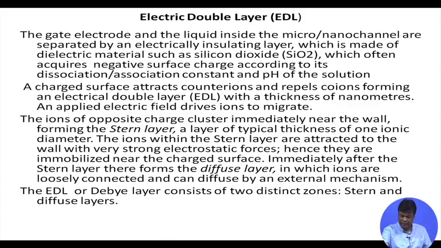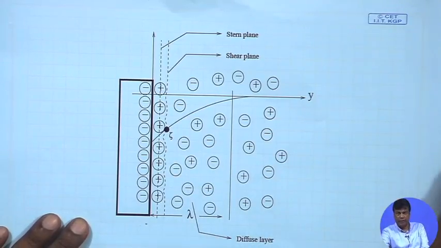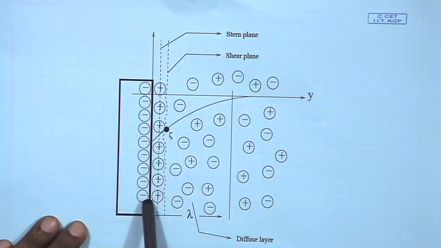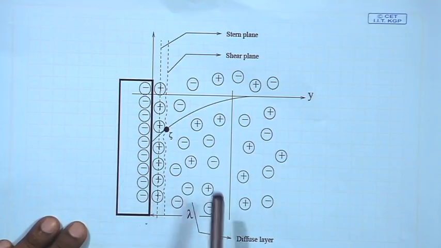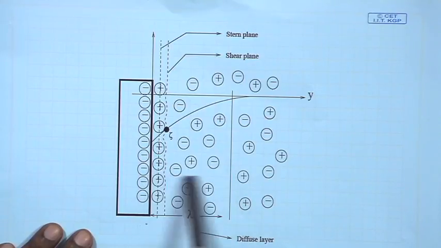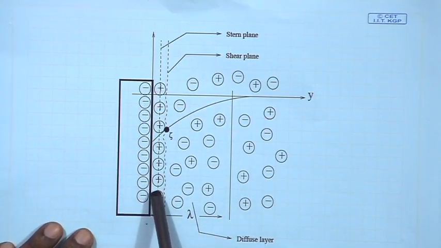This negative surface charge will attract positive ions from the, sorry, not the Debye layer, from the aqueous media. If I show in this figure, this is the surface charge that develops, which is negative, and it will attract positive ions from the aqueous media. So, there will be a situation like this.